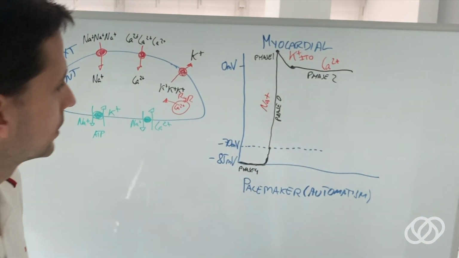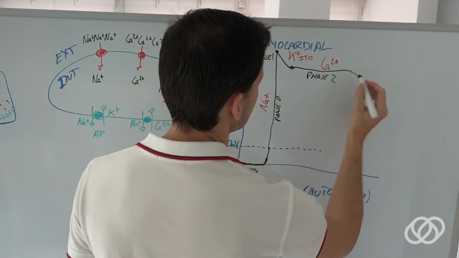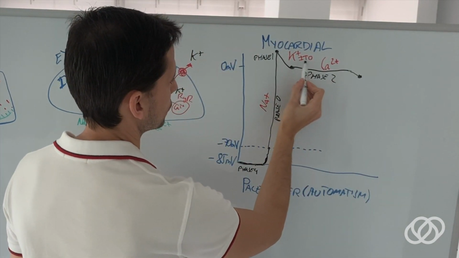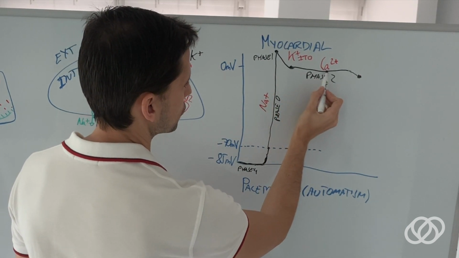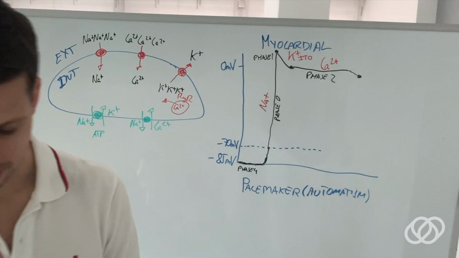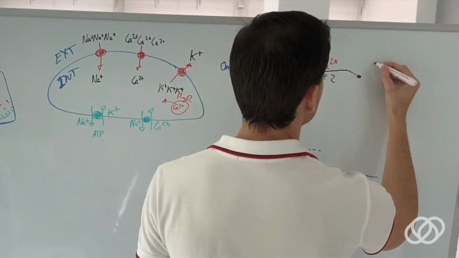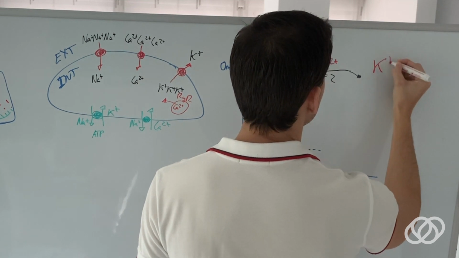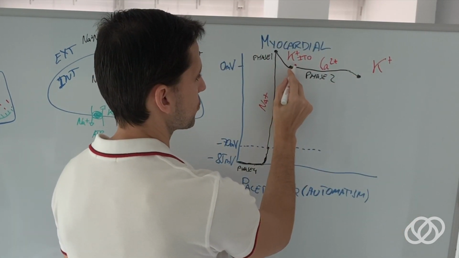Then we are going to begin the next phase. In the next phase, both those potassium and calcium channels are going to close, and then new channels will open. They are going to be potassium channels, different from the transient one.